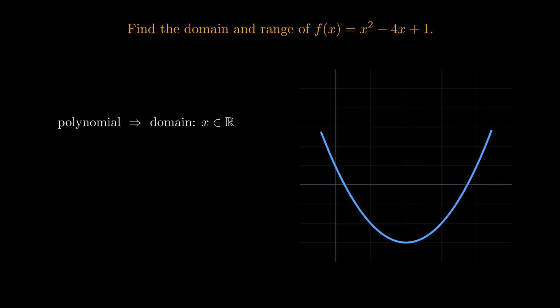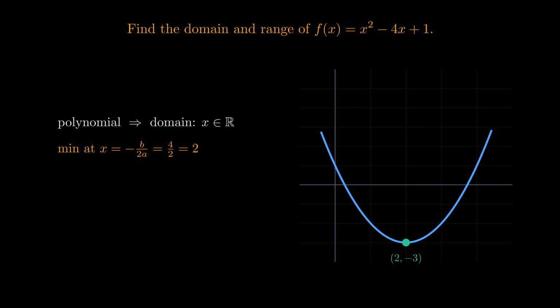The range is the interesting half, and it's all about the vertex, the turning point. This parabola opens upward, so it has a lowest point, and the range starts there. The vertex sits at x equals minus b over 2a. Here that's 4 over 2, which is 2.